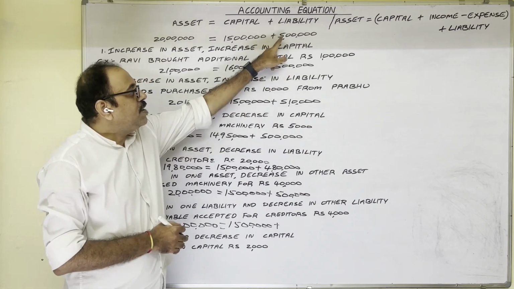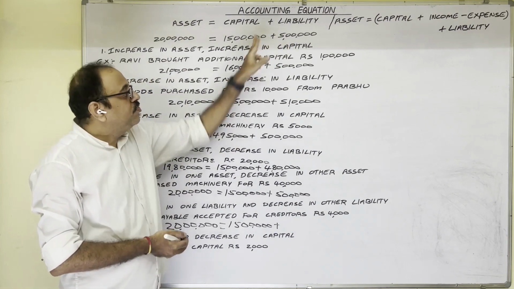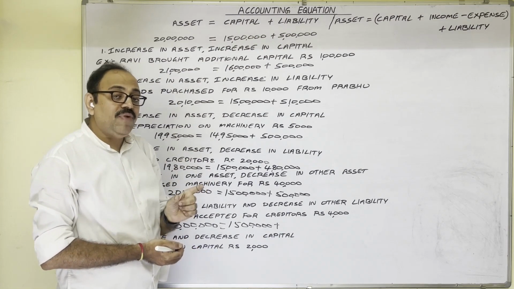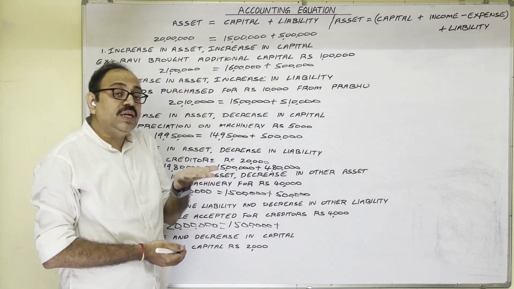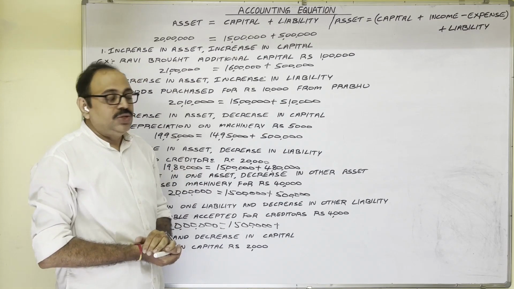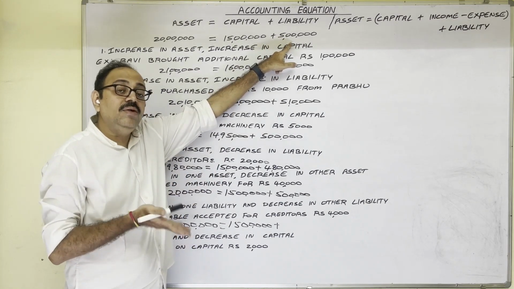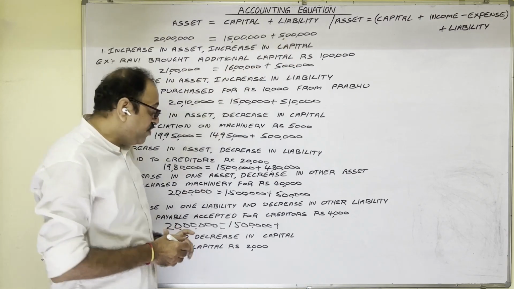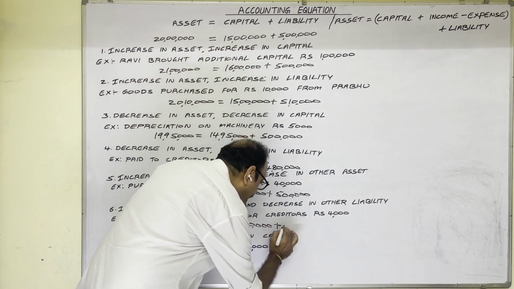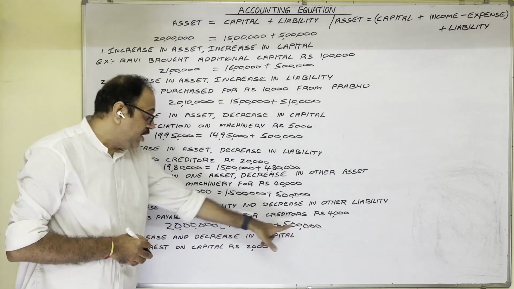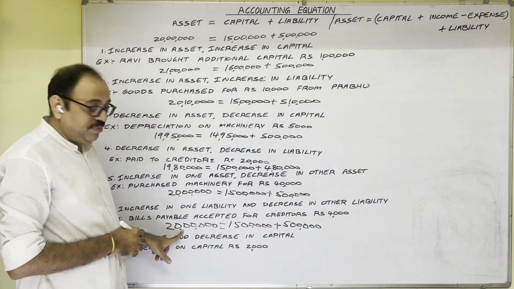So 5 lakh minus 4,000, 4 lakh 96,000. And the bills payable value, another liability value, is increased by 4,000. So 4 lakh 96,000 plus 4,000, again 5 lakh rupees. So finally, liability value is 5 lakh. Capital plus liability is equal to assets.